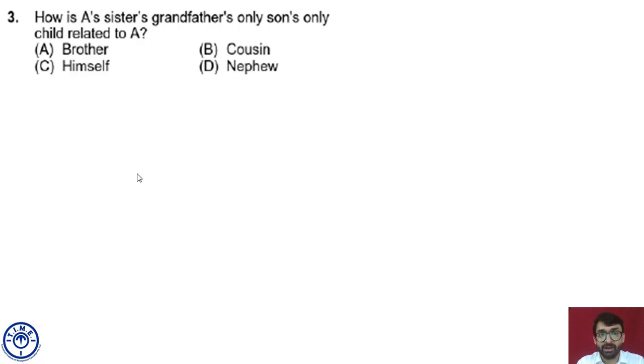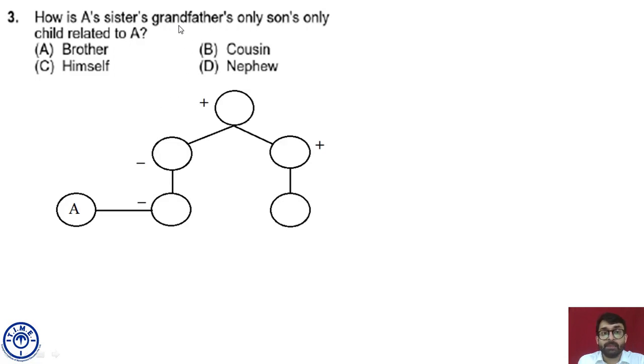If the grandfather mentioned in the question is the paternal grandfather, he should have only one son, and that son should have only one child, which is not possible, because that one son has two children, A and the sister of A.